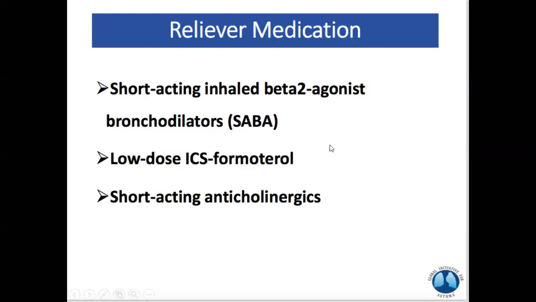And the current guideline, recently in 2019-2020, they are now using low dose inhaled corticosteroid along with formoterol as a reliever.